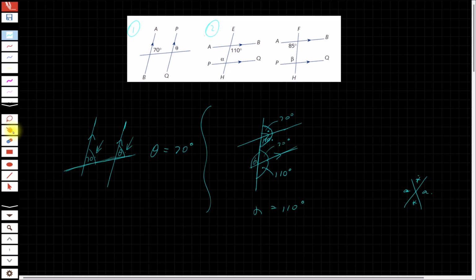Okay, let's have a look at the final one, number 3. We have a parallel line going in this direction, and another one going in the same direction, and a line cutting through those two parallel lines. We're told that this angle here is 85 degrees, and we're asked to find the angle beta.